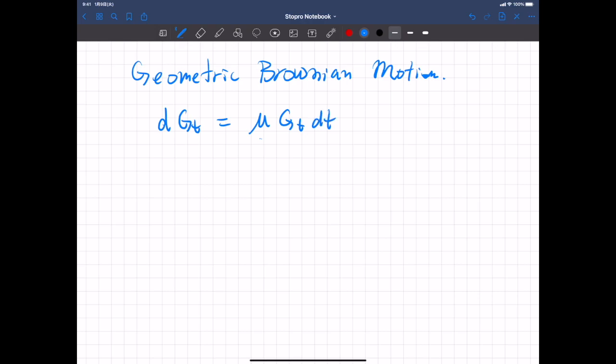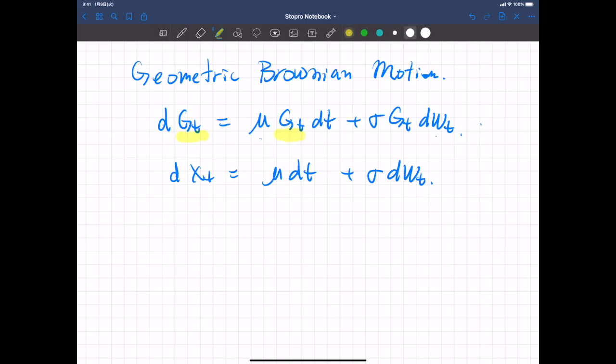Of course, Wt is the standard Wiener process. This model is often used for modeling stock prices, for example. Compare this with the stochastic differential equation for the Ito drift diffusion process, which was something like mu dt plus sigma dWt. The difference is we have this Gt on the right hand side too. That's the main difference.